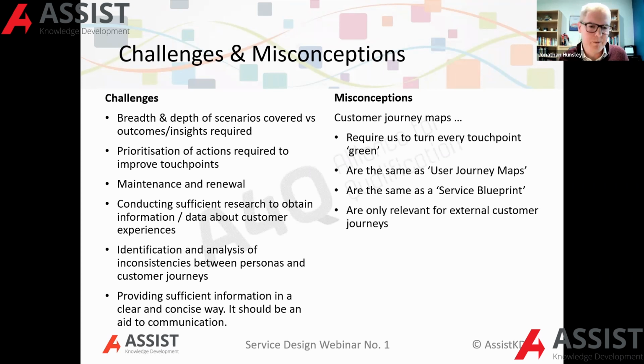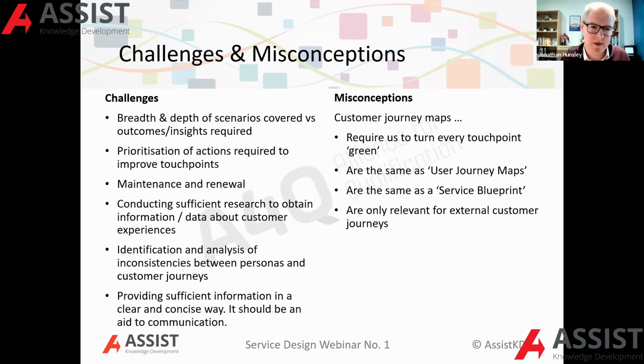If you've got a wealth of customer journey maps, you also have a maintenance and renewal challenge. If you've got quite a large organization with lots of different customer journey maps, you've got to think about how we maintain and renew these. How do we make them available to our change practitioners that need access to them?